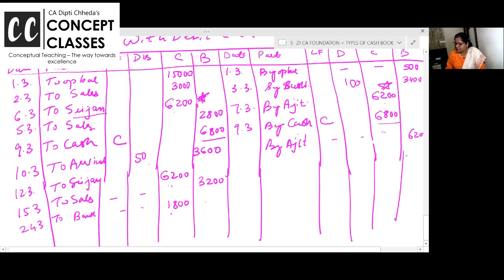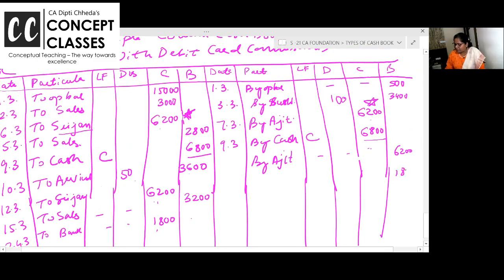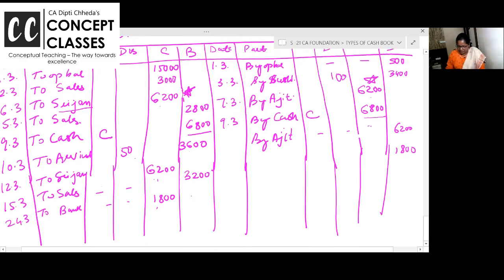And bank column is credited. Why? Because we are withdrawing. And we call it which entry again? Contra entry. 24th March by cash. 1,800 बैंक में से withdraw करो और cash में डाल दो.